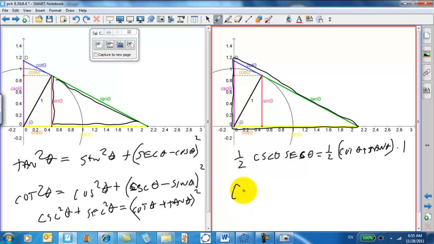So multiply through by 2, and you get cosecant theta secant theta equals cotangent theta plus tangent theta. Okay, and there's a lot more triangles that you can explore in this, but that's one way you can usually generate stuff that you can practice proving. Okay, flange out.